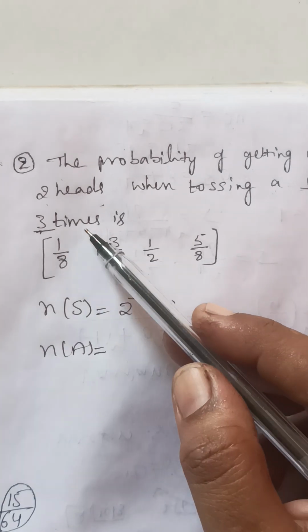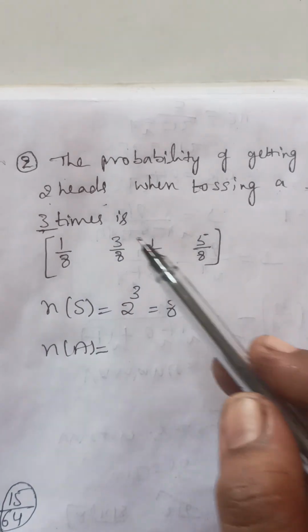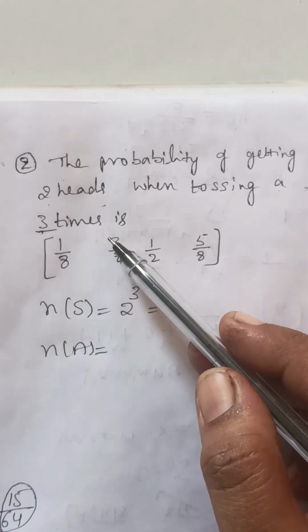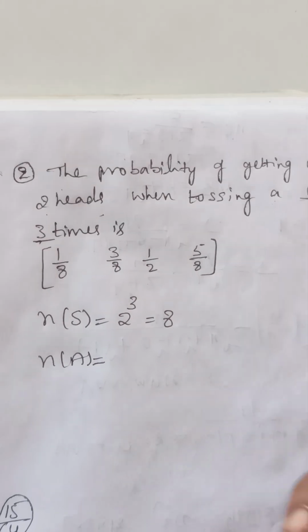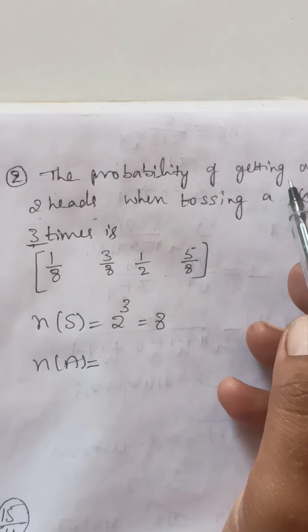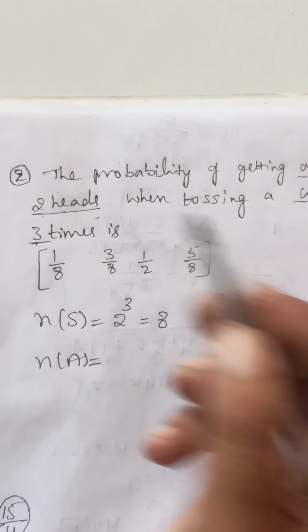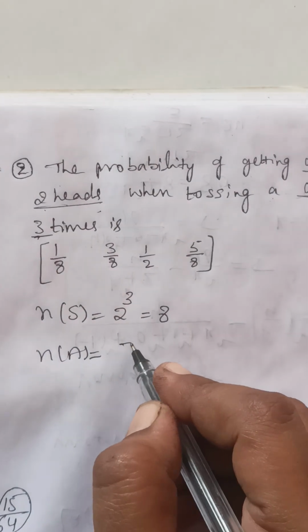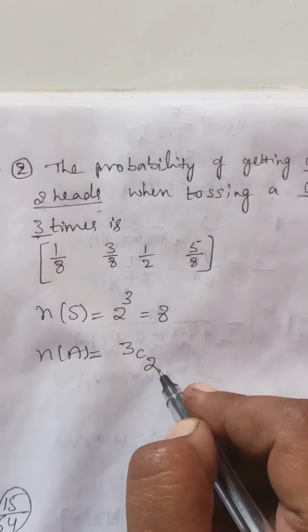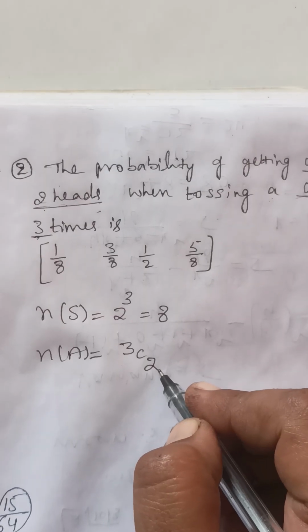Okay, a coin has 2 faces, head and tail. Here the coin is tossed 3 times, so there are 3 chances to get a head. But here it is at least 2 heads, so we may get 3 heads also, but minimum 2 heads. So out of 3 we may get 2 heads, and we can also get 3 heads.